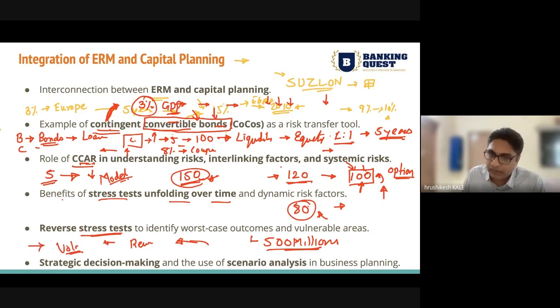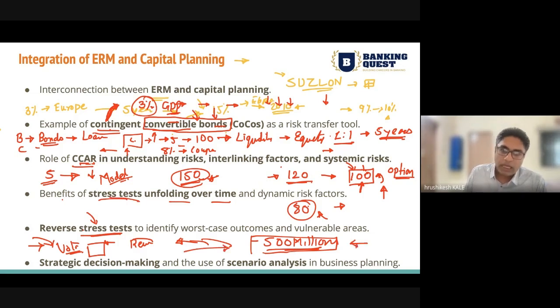So first of all, I decide the loss, and from that I backtest and try to find out the volatility. That is called reverse stress testing. If this volatility comes, what will be the loss? That is called stress testing. But if I first decide the loss and then try to find out the volatility, that is called reverse stress testing.